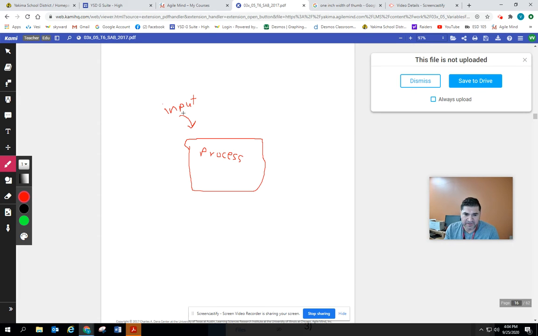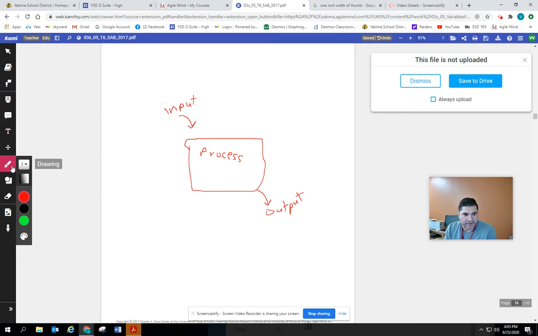When we put something in, it'll go through this process and out will come an output. So we put something in, the machine does its process, it does the function rule, and then something comes out.